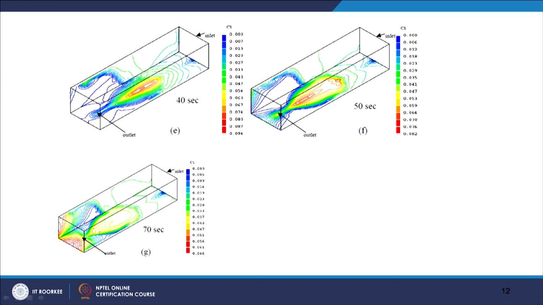This stream will be going directly towards the outlet. As time progresses, the concentration value also decreases. The tracer concentration will be quite small here and increasing on this side, as it is now coming through the outlet.